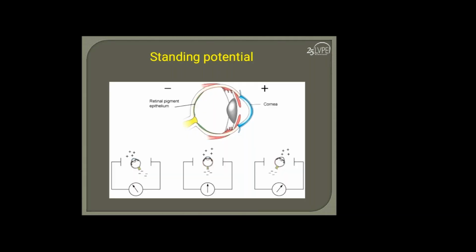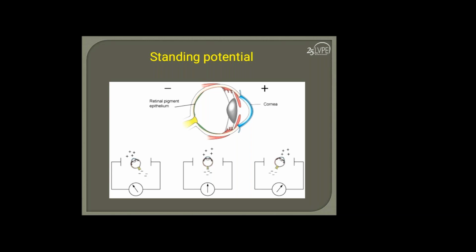The patient should have a good saccadic movement, because if the patient has nystagmoid movement, is unable to blink, or has muscular restriction not allowing the eyes to move, then in those scenarios the test may not help you, because it is based on the saccadic movement. As you can see in this slide, the eye moves from one side to another, keeping in mind that the cornea is positive and the retina is negative.